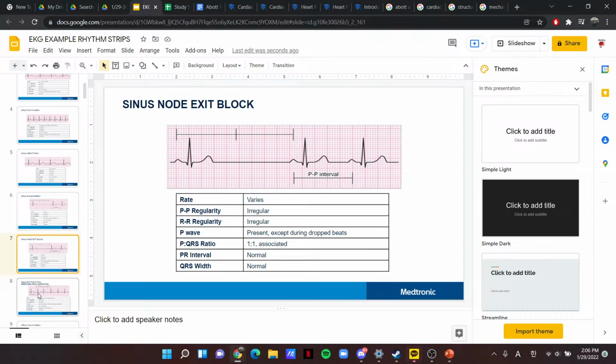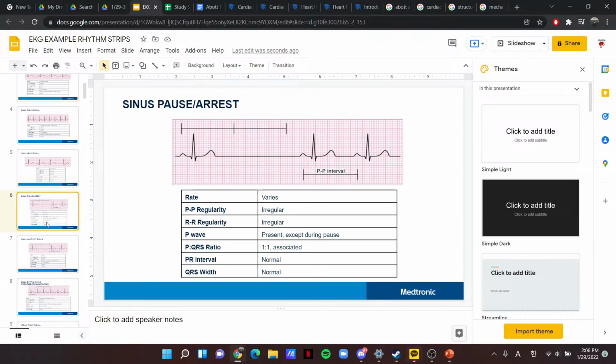So I think for the exit block, the lengths are the same. When it continues to P, here there's a pause.